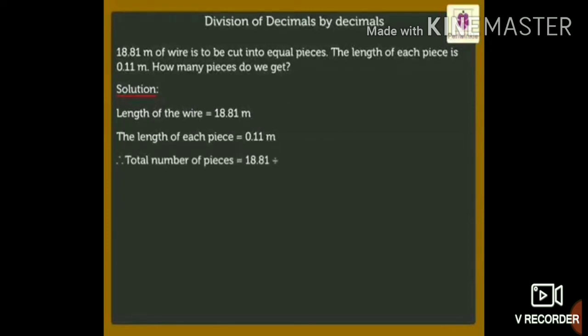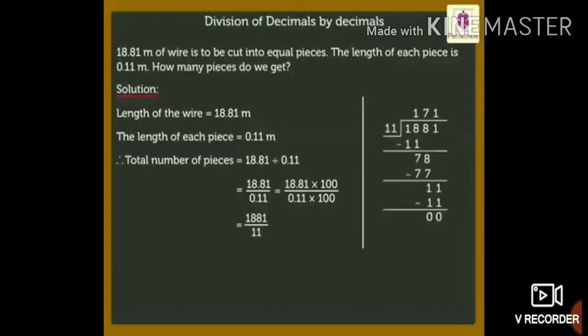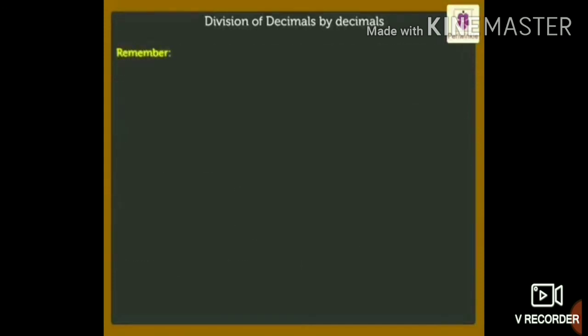The total number of pieces equals 18.81 divided by 0.11. You have to make the denominator a whole number, so multiply the denominator and numerator by 100. It becomes 1881 divided by 11. So you can make 171 pieces.